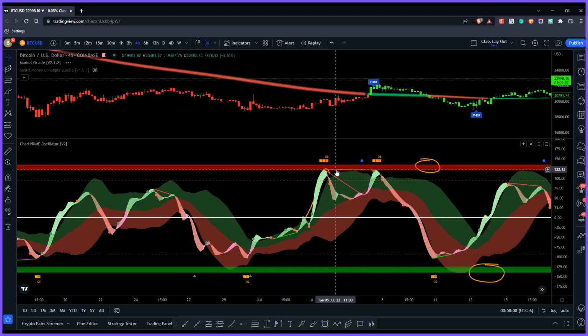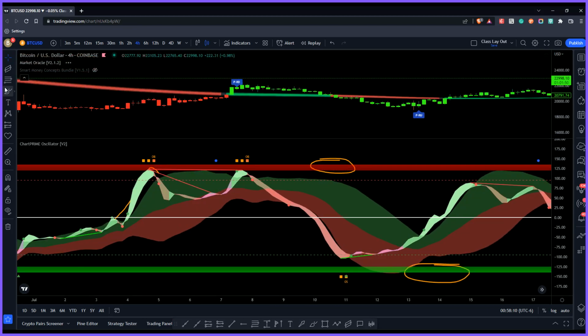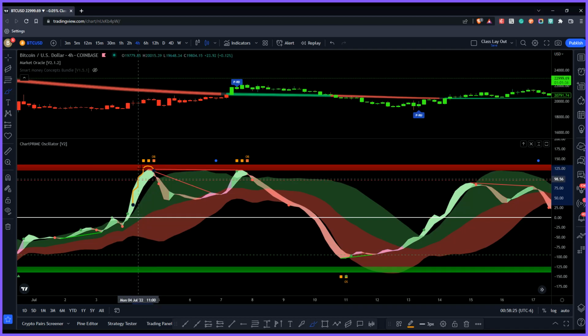If I zoom out or zoom in a little bit, you'll see that what in the beginning looked like a rectangle is actually a series of boxes. So that box is telling you the oscillator ribbon is in the round of overboughtness. So it is overbought, right?